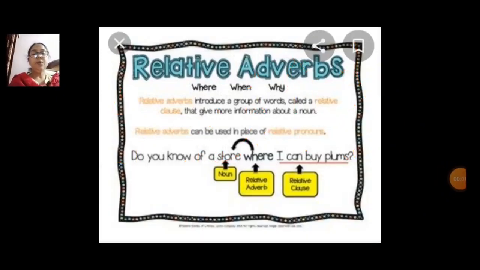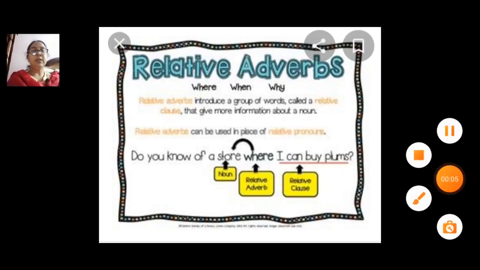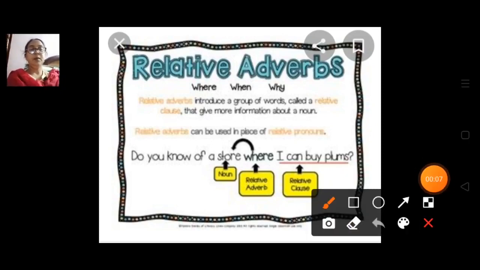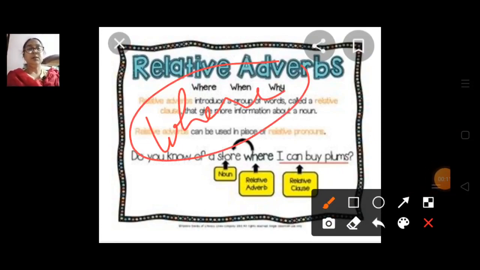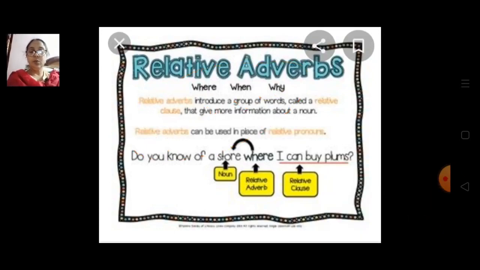So here, you can see where is a relative adverb.